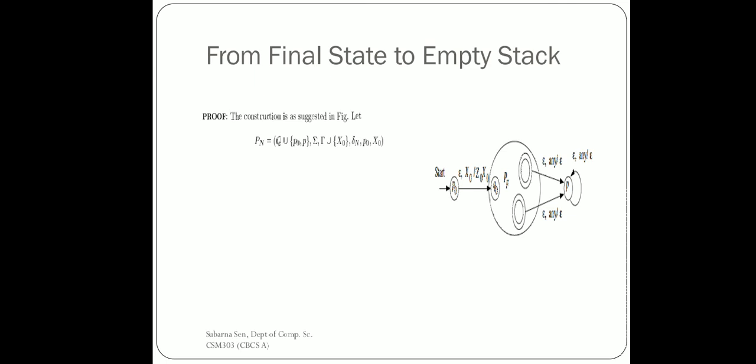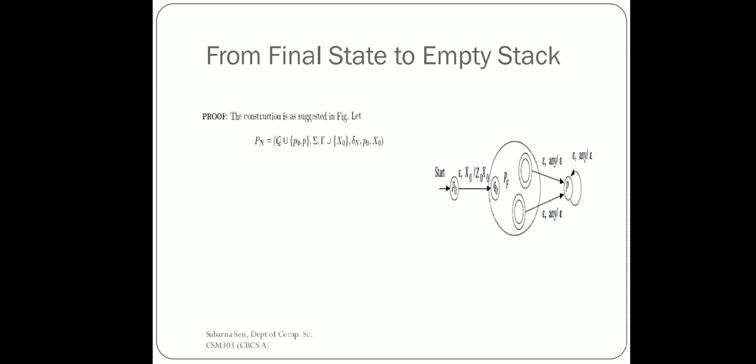We have nothing to do with it. It will just act as a marker. That's why it is written separately, because you cannot say that this is a part of tau itself. It is a stack symbol definitely, but it will be used as a marker, nothing else. Fine. Then delta N, all the transition functions.